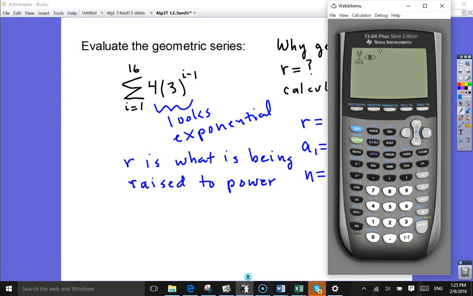So now I'm going to put 4, and I'll do my own parentheses, 3 raised to the x minus 1. Everything I put is inside that formula, their parentheses. And when I hit enter, I get the same thing that we got before, luckily.